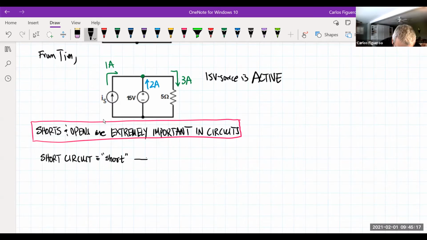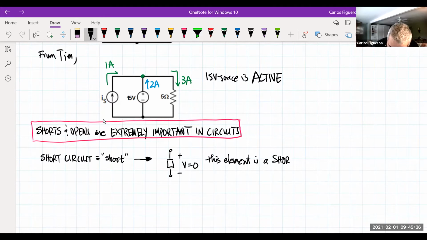Typically, anytime you have an element where the voltage across this thing is 0, then we say this element is a short. So that means I could take this element and literally replace it with a wire.